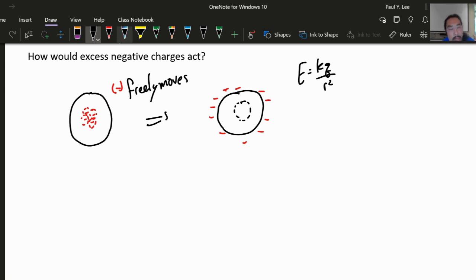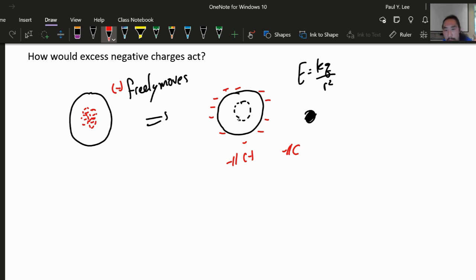Because we're looking at this metal sphere almost like a point charge, so instead of 1, 2, 3, 4, 5, 6, 7, 8, 9, 10, 11 individual negative charges, we view it as a singular object with negative 11 coulombs.